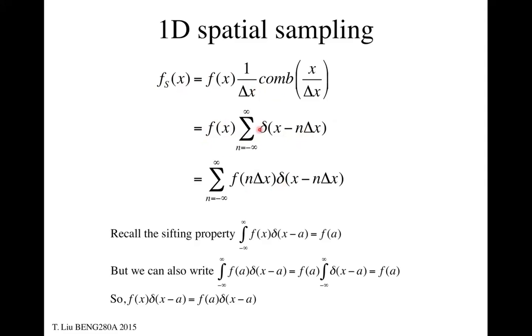And you can bring this inside, since it's not dependent on n. And what the delta function does is it sifts out the value of f of x at these discrete points. So now this is our list. This is our discrete representation of the function f of x, because this is just a list of numbers, or it's actually infinite, but it's a countable list of numbers.